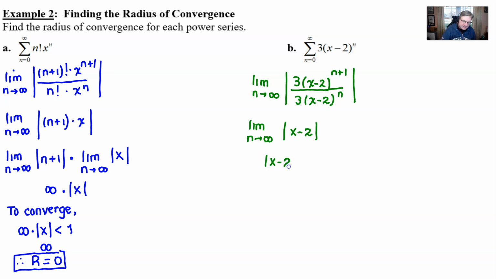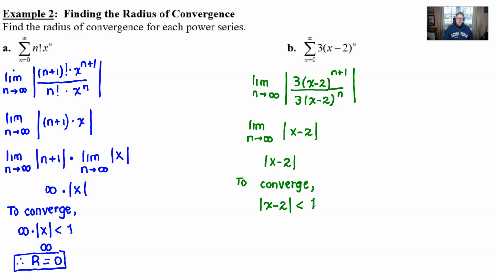So the limit has basically been performed. It's done its function. And we're just left with the expression absolute value of x minus 2. Now, in order to converge, what must be true? Well, as I said before, the result of your ratio test must be strictly less than 1.